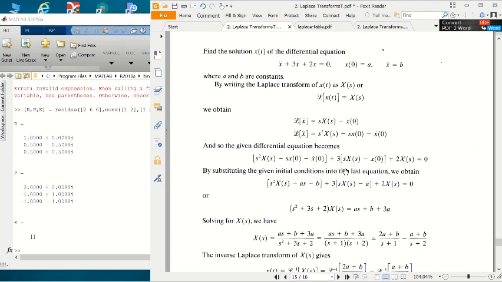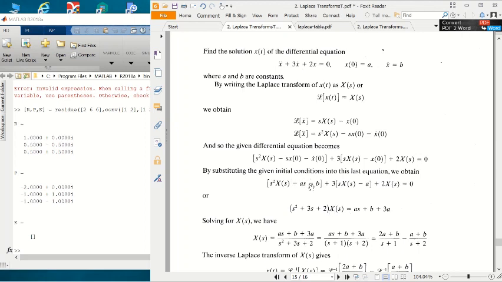Then you do something like this. You group together the terms and substitute the values from here. Group like this, equal to 0 again, and then you simplify the terms, adding all these terms, and you end up with something simplified like this.